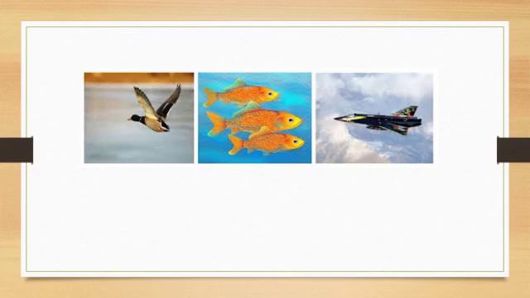Students, you know that birds and fishes have to move in fluids, and their bodies have a special type of shape, that is, they are narrow at the front and broader at the back. This type of shape is called streamline shape, which helps them to reduce fluid friction.